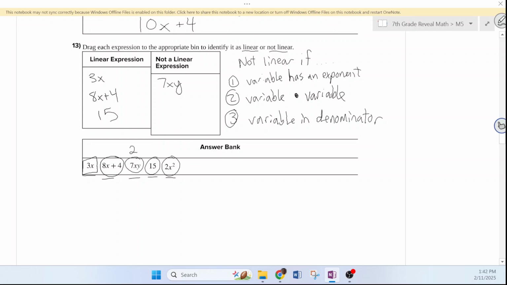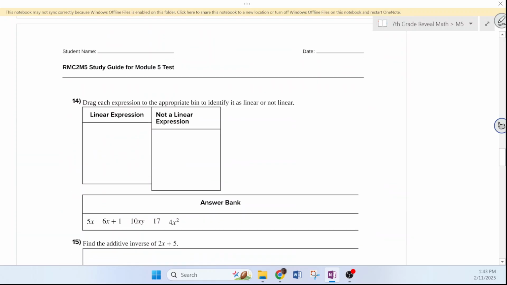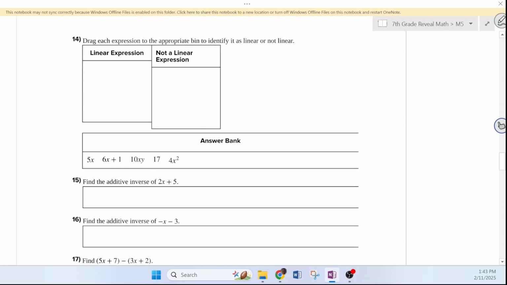This, which rule does that fail? That fails rule number 1, so that's 2x squared. All right? Now we're going down to a very similar problem. You should be able to get that now. So this passes all three tests, sorry. This passes all three tests. This one fails rule 2.